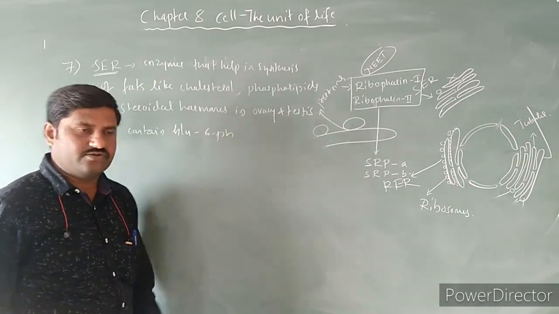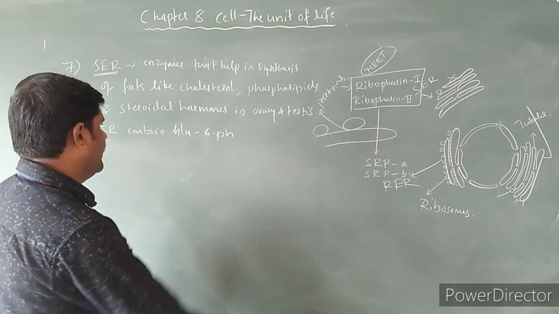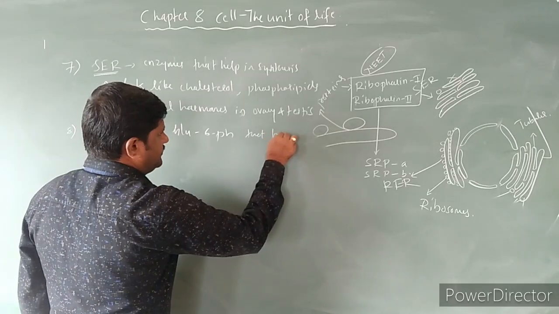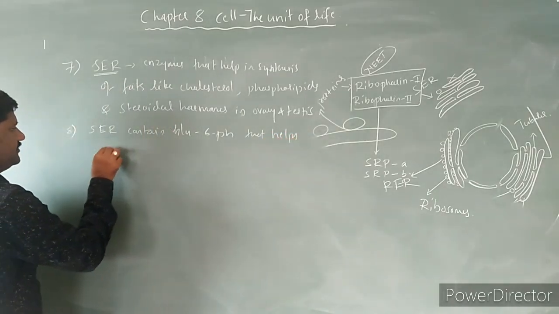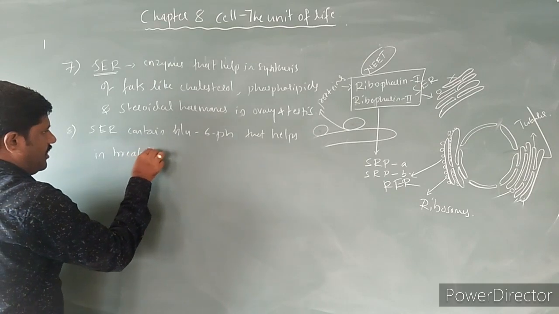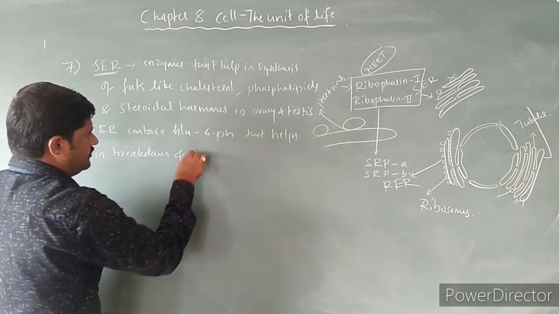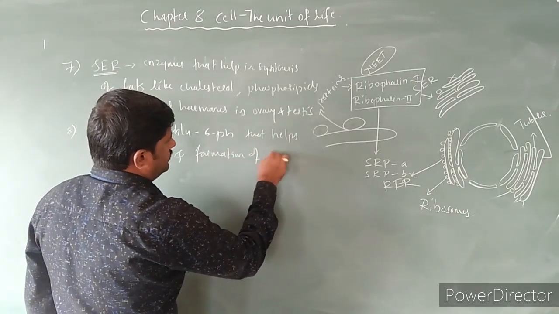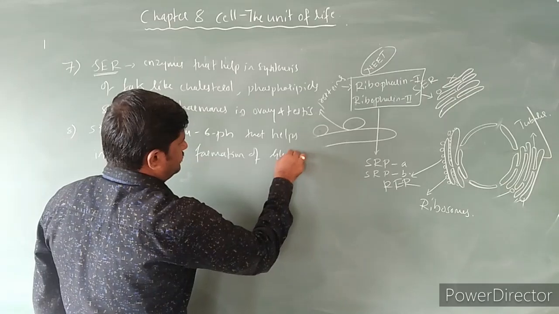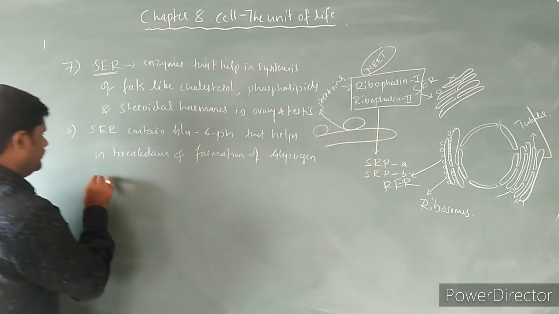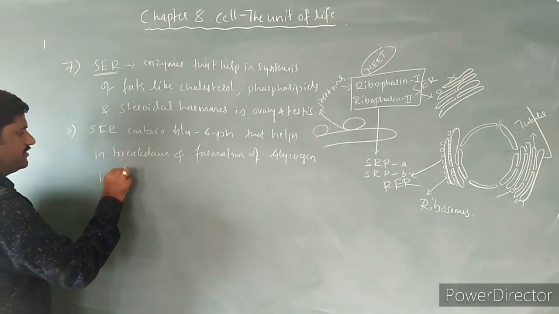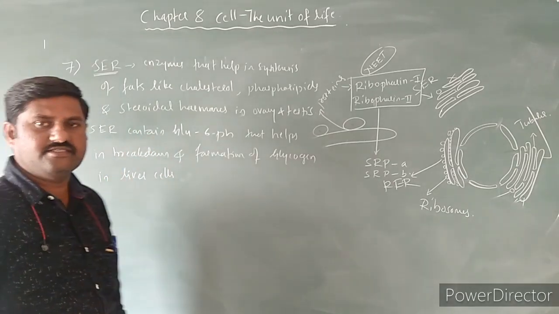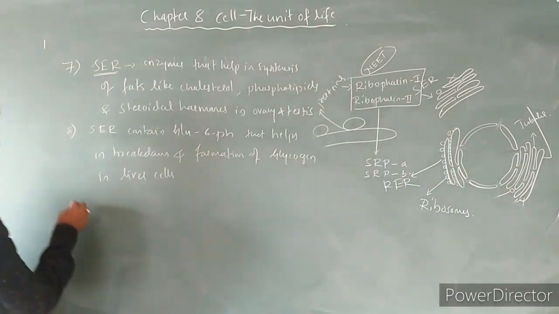So in future you are going to learn or hear about this one, glucose 6-phosphate, that helps in breakdown and formation of the glycogen. In which type of cell is it taking place? In liver cells. This is also one more function.